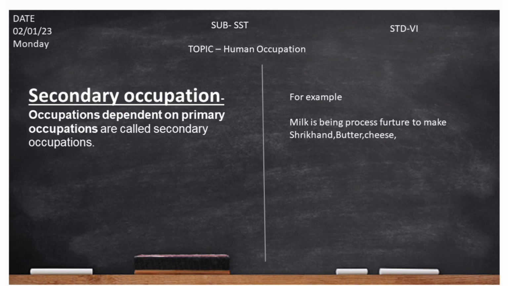Here we took the example of milk. Milk is processed further to make shrikhand, butter and cheese, that means different dairy products. Understood everyone what secondary occupation is? Okay, we will stop here, and the further two occupations we will study in the next class.